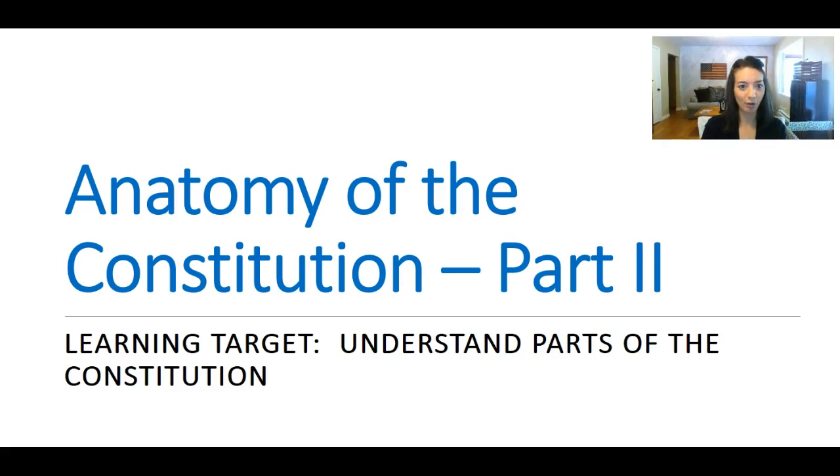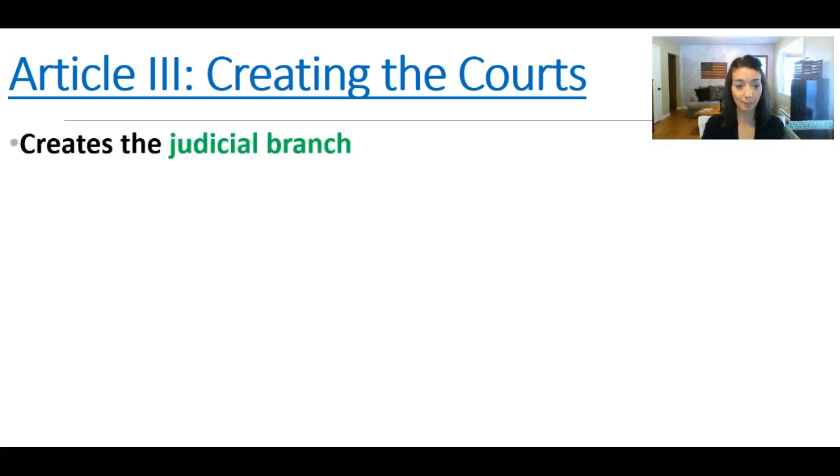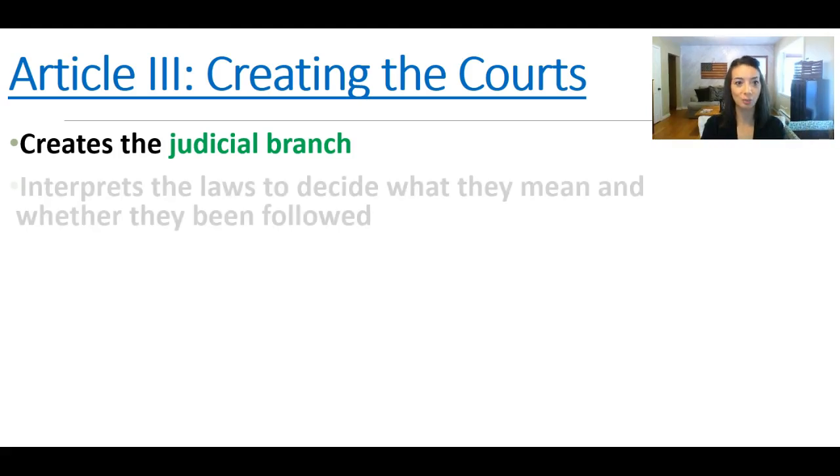So here we go with the first slide. Article 3 of the Constitution is really about creating our court system. This first note reads that it creates the judicial branch. So 3 branches of government: executive, legislative, and the third, the judicial branch.